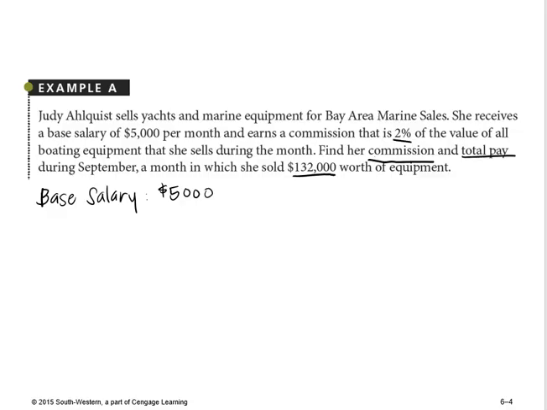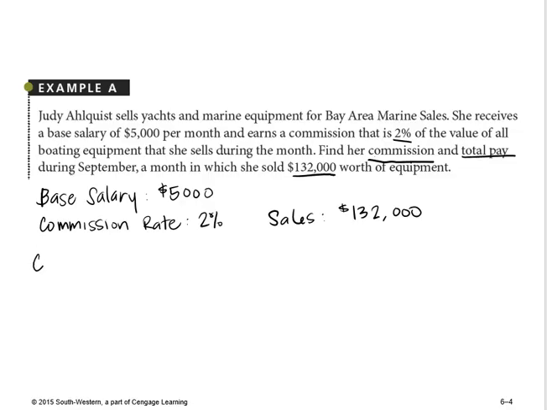Her commission rate is 2% of the value of all boating equipment that she sells during the month. And let's say that she sold, so her sales were $132,000. Remember, it's asking you for her commission and total pay. So those are our unknowns.